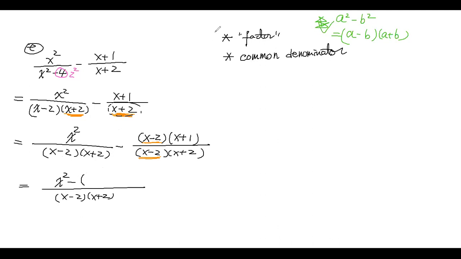Now what you need to do here is FOIL it, and I assume everybody knows how to FOIL. So x times x is x squared, x times 1 is plus x, minus 2x, and minus 2 times 1 is minus 2. So far so good?